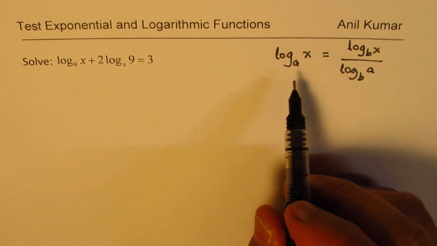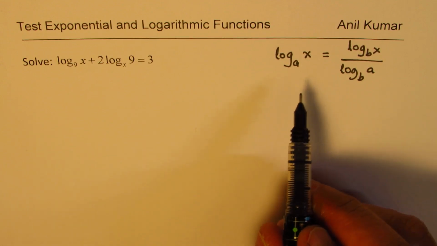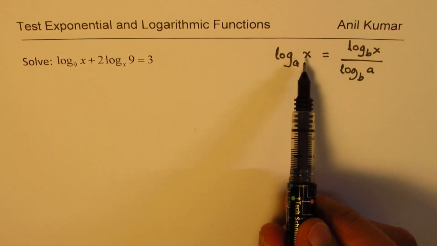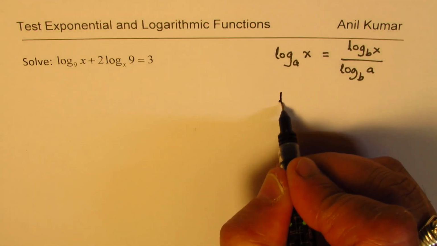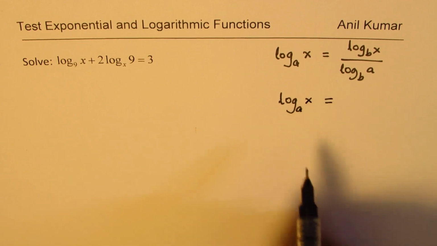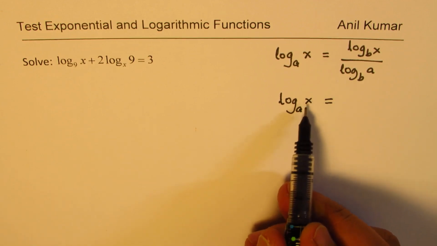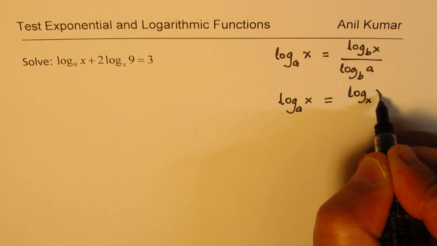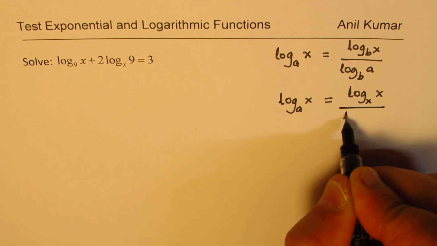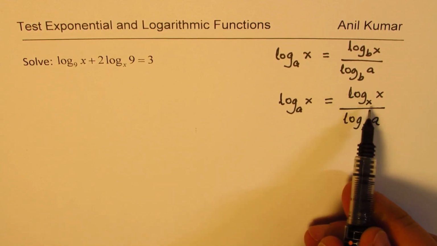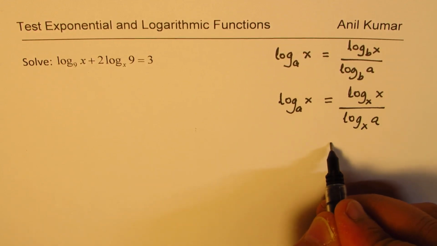Now think like this. If I change the base to x itself, what happens? Log to the base a of x, if I change the base to x, I write log to the base x of x over log to the base x of a. Now log to the base x of x is basically 1.